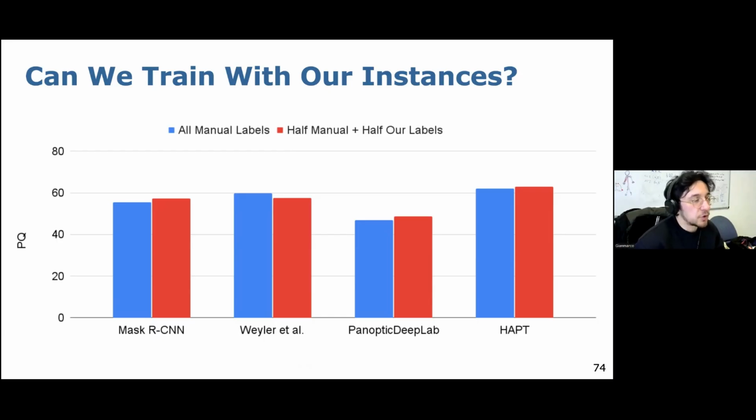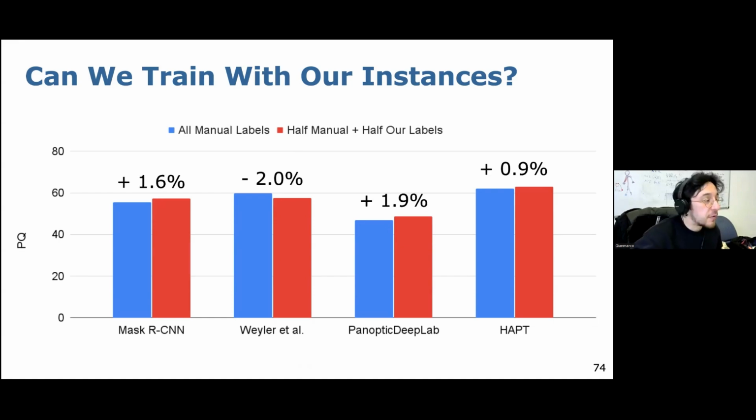Then in red, we show what happens if we remove half of the manual annotations and substitute them with our labels. We can see that the performance most of the time is increasing, so our labels are improving the performance in most cases.